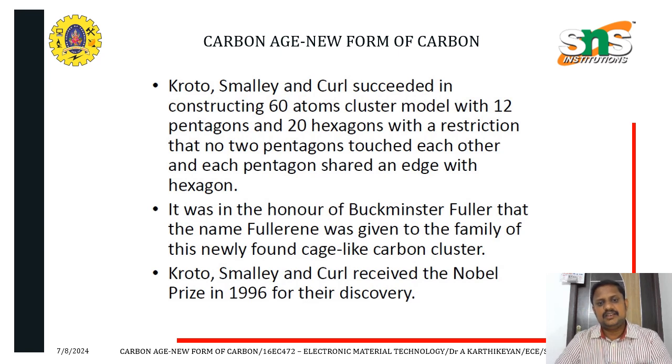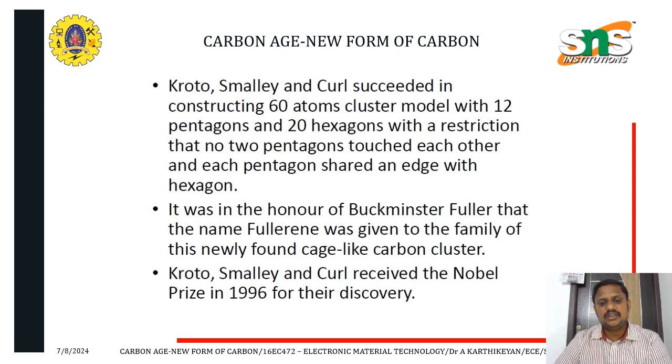Mainly, Kroto, Smalley and Curl succeeded in constructing a 60 atom cluster model with 12 pentagons and 20 hexagons, with the restriction that no two pentagons touch each other, and each pentagon shares an edge with a hexagon.